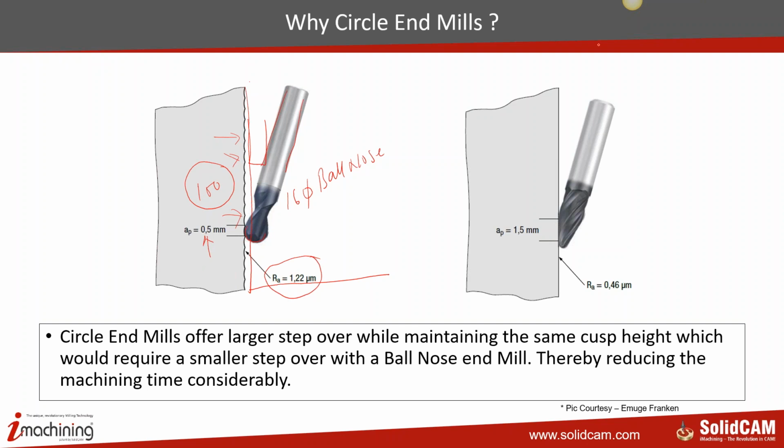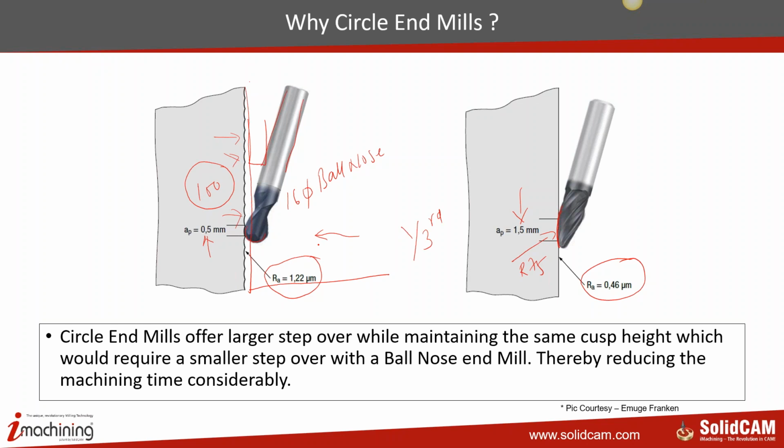Now, assume with the new oval form tool, instead of R8 on the side, I am going to get about R75. To get the same or even lower cusp height, I can straight away go to 3 times the step over. That means I straight away reduce the time to 1/3 of what I would generate using a ball nose tool.